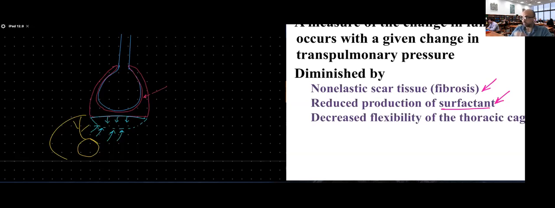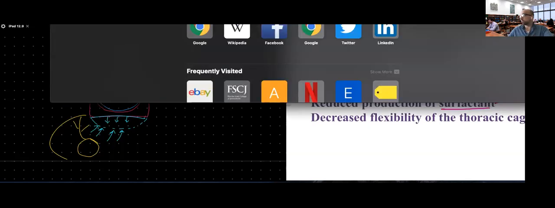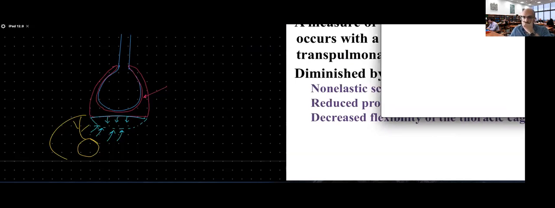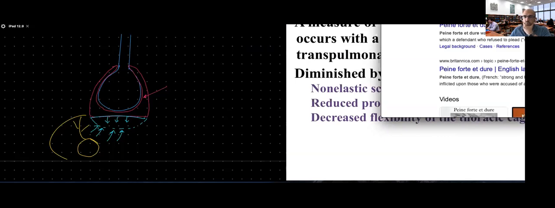What do you think? I have a lot of resistance. So would I be able to change the volume of the chest as I am supposed to? I'm not able to change the volume of the chest as I'm supposed to.